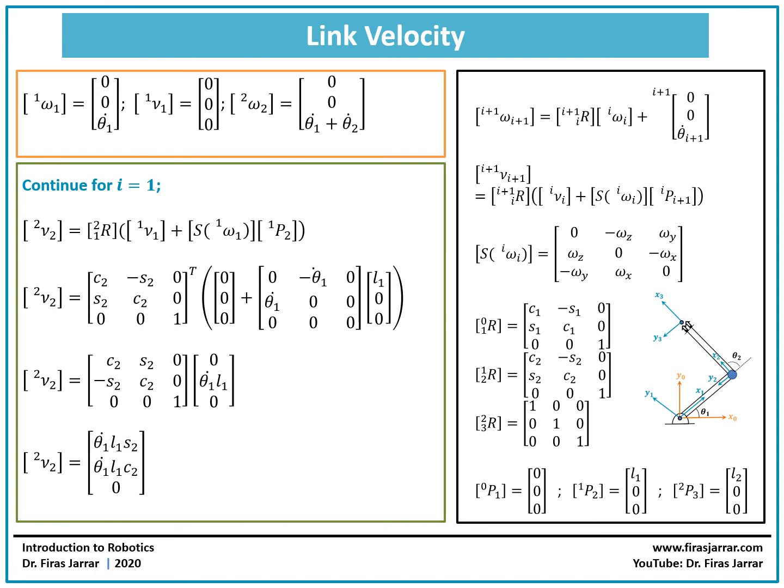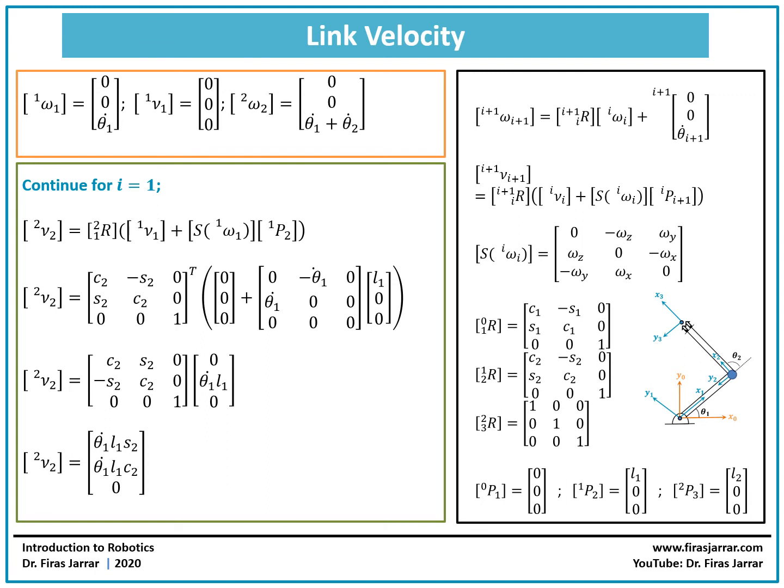So we just do the multiplication, and so you can see cosine theta 2 by 0 plus sine theta 2 by theta 1 dot L1 plus 0, and this is the first row here. For the second row, we'll have cosine theta 2 times theta 1 dot L1. The last row will have a 0. So basically, this is the velocity of the origin of frame 2, which is attached to link 1.